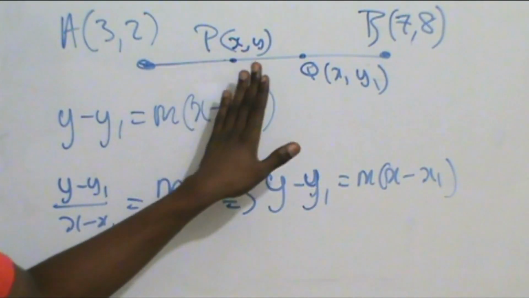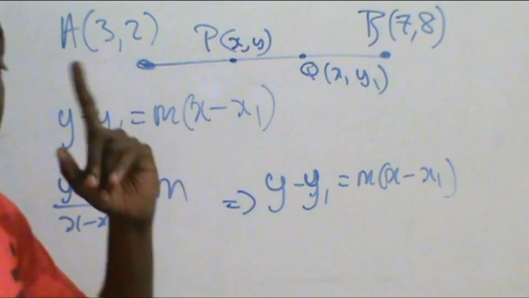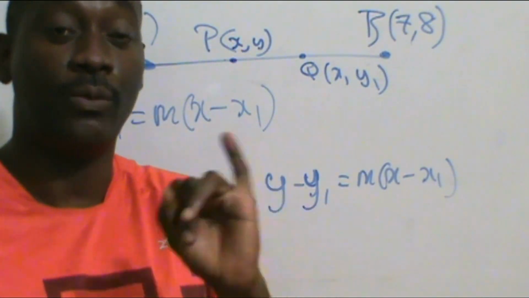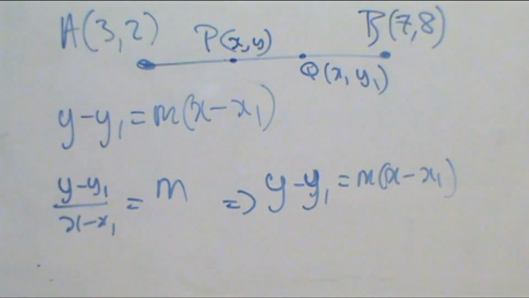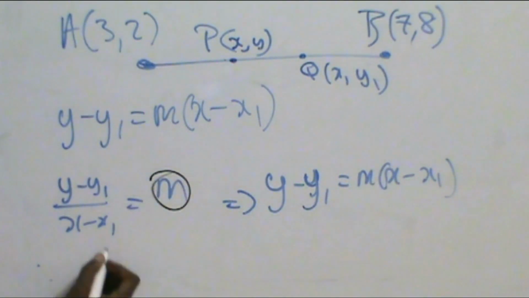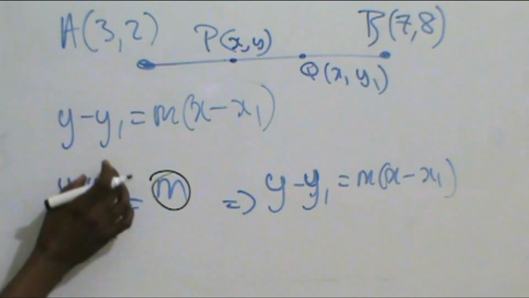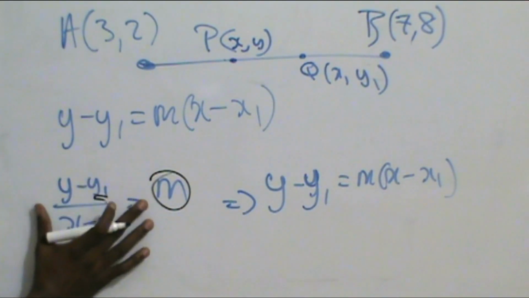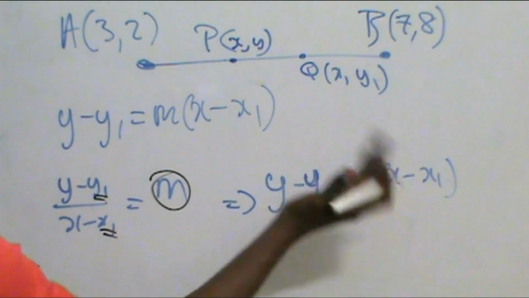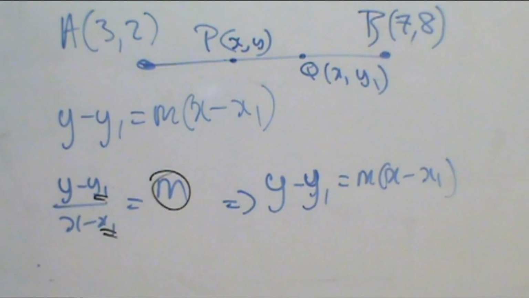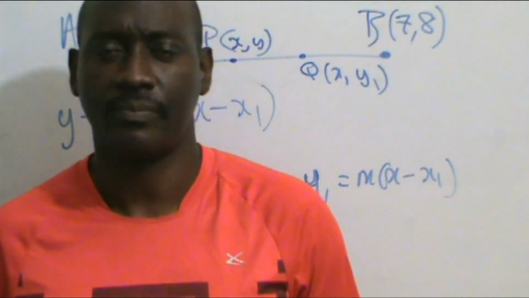Alright? So all we really need is the gradient and 1 point. So in this general equation here, we need to have this and we need to have (x1, y1). Once we have that, then it's just a matter of substituting the values in this equation or in this equation, and we will get the equation of a straight line, right?